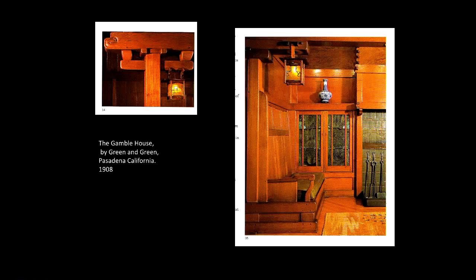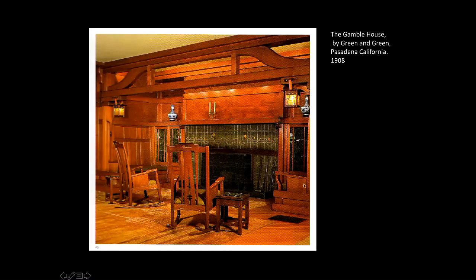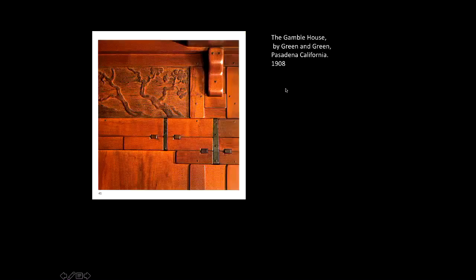You have the wooden floor, into the wooden furniture, into the wooden paneling, and then up into the ceiling as well. All of these handmade ceramic tiles for the fireplaces, wooden beams here. And here you can see the influence in this motif of this Japanese cherry blossom.